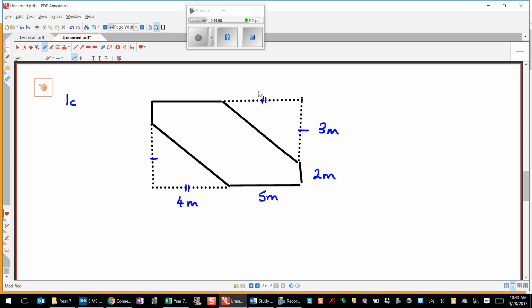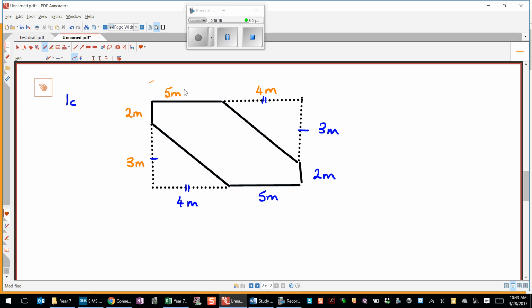Okay, so the one up there is 4 meters. And then this line here means that it's the same, which is 3 meters. Now, because the big thing is a rectangle, that means this is also 2 meters. And this one would be 5.